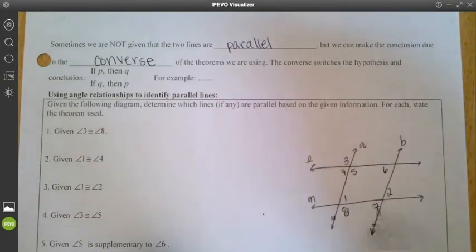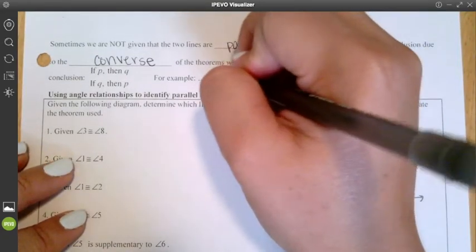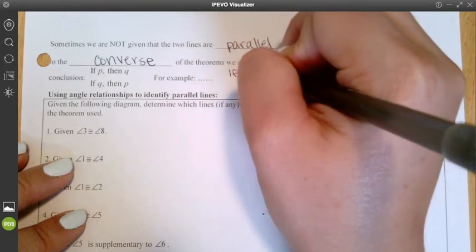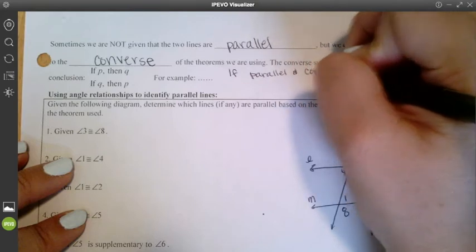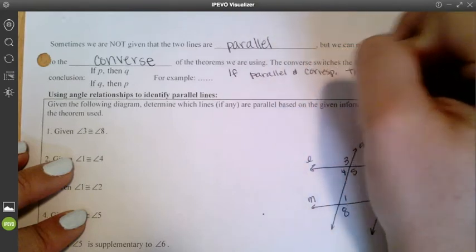So for example, we've been saying if they're parallel and corresponding, then they're congruent.